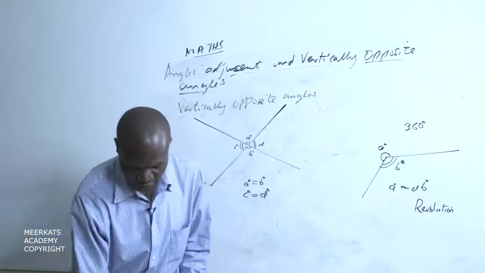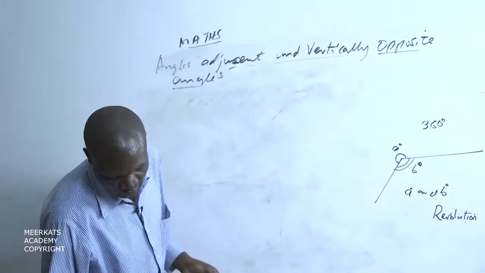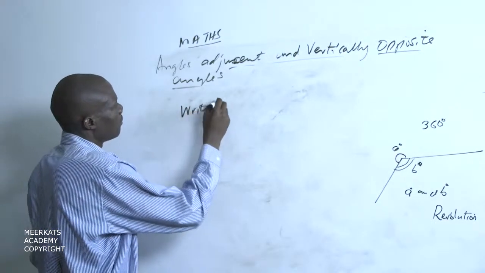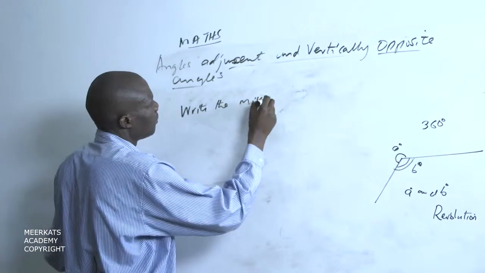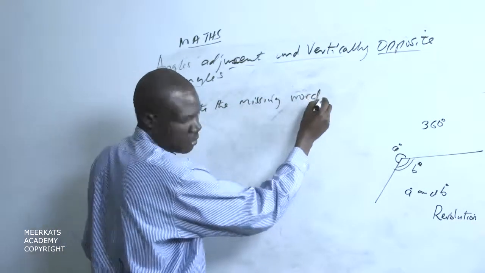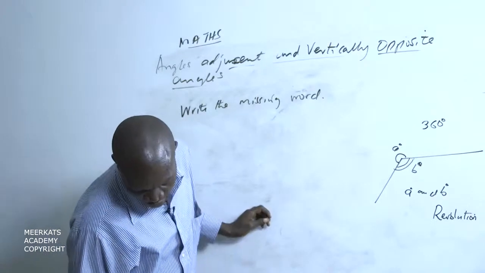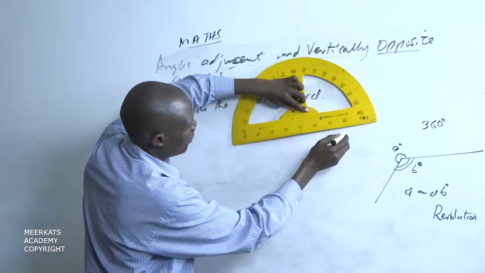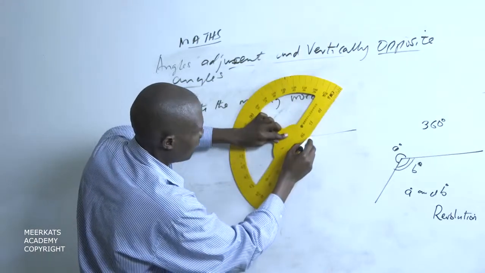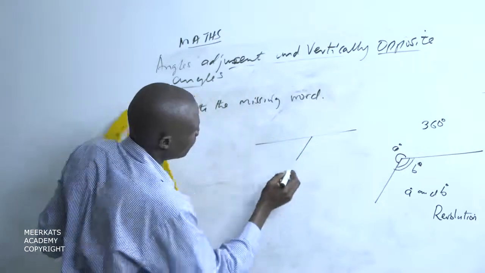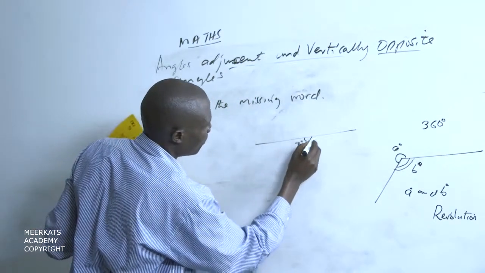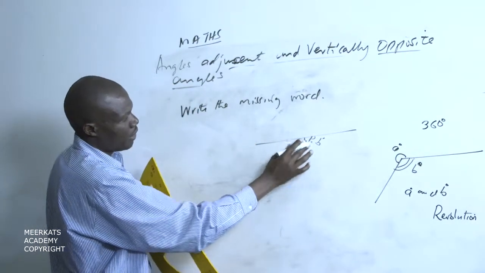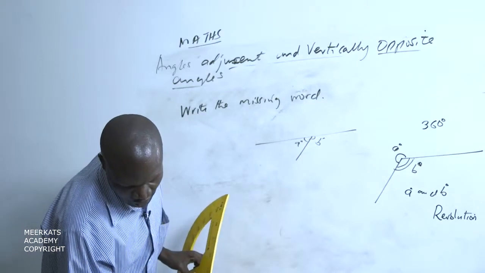For an exercise, write the missing word. In the diagram that we have, there is A degrees here and B degrees there.